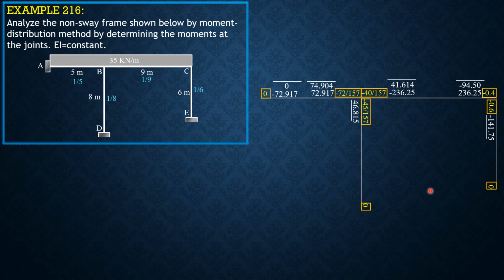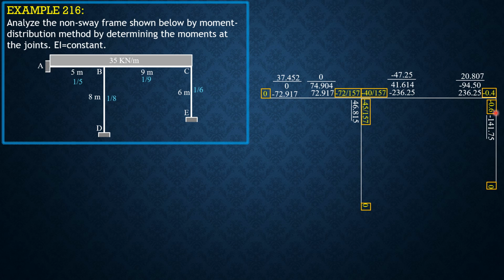Next, we carry over. So 0 here, half of 74.904 is 37.452. Half of negative 94.5 is negative 47.25. Half of 41.614, put the value here, 20.807.